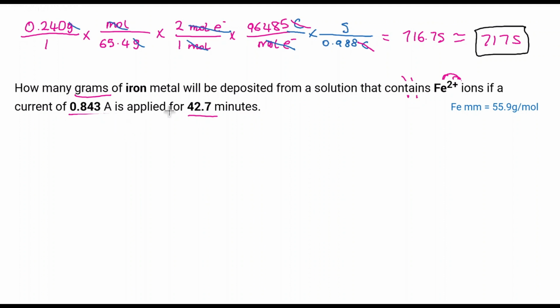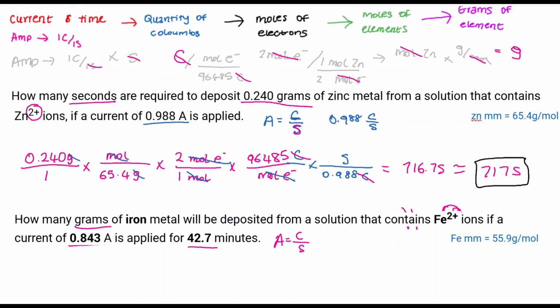So first of all, I'm going to be quick with this since I hope you already understood it from the last example. But A is equal to current over seconds, and since we're looking for the coulombs, we have to transfer it to coulombs.